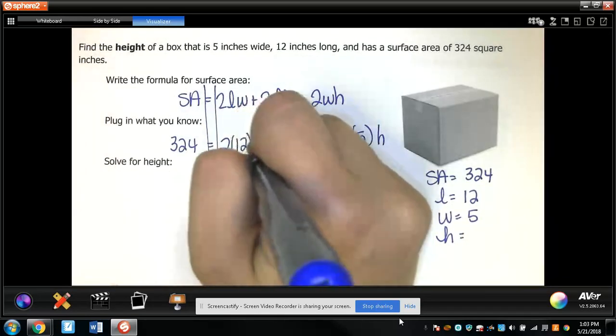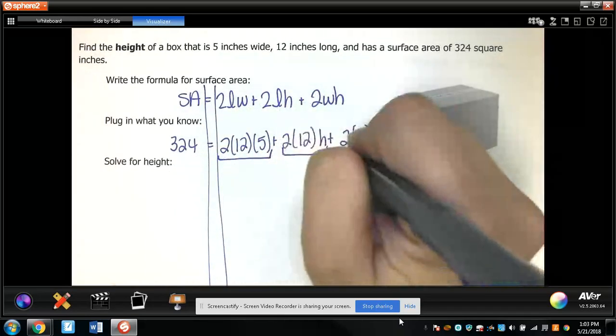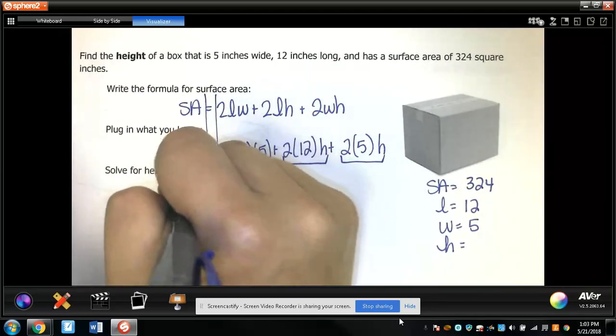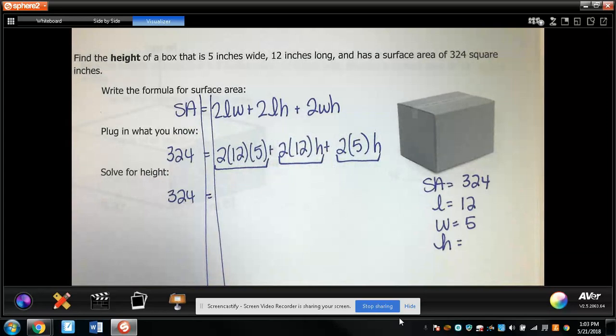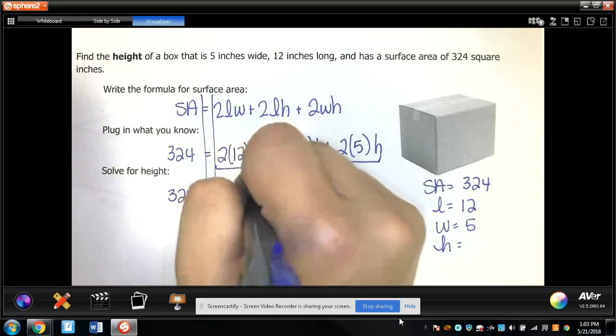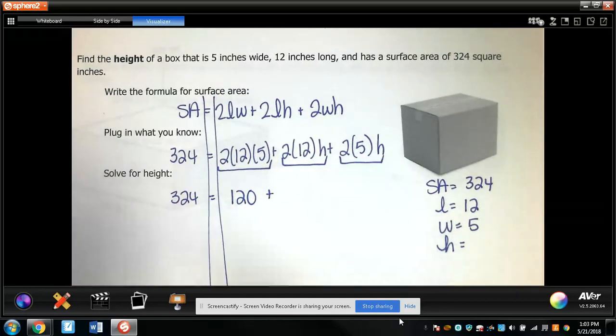Now I'm going to simplify as much as I can on the right-hand side of my equation. So first I'm going to say 324 equals, okay, I'm going to do 2 times 12 times 5. 2 times 12 times 5 is 120. Plus 2 times 12 times h.